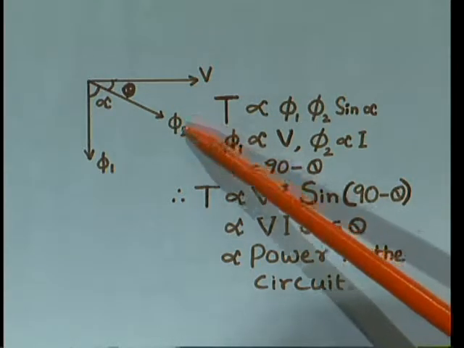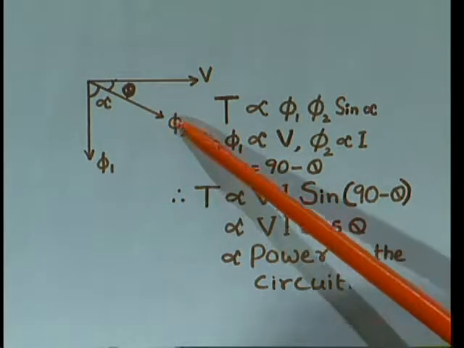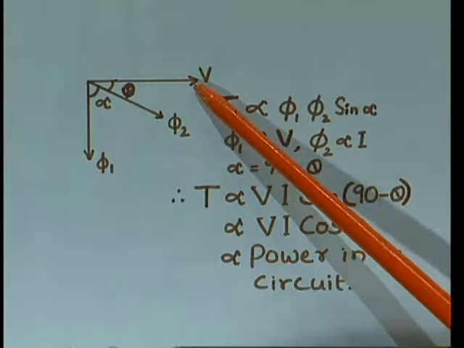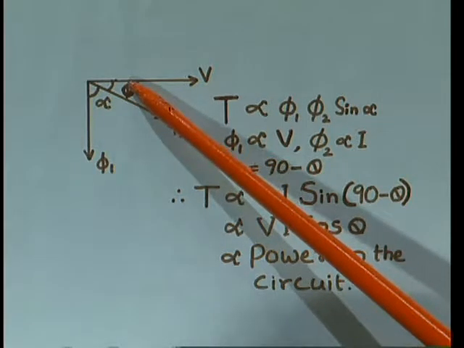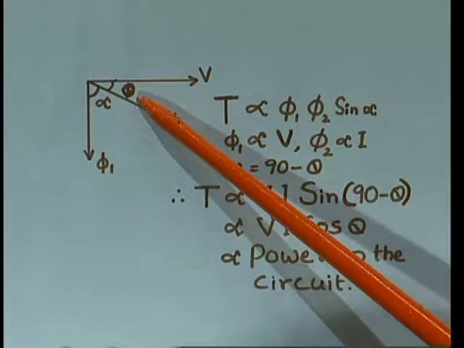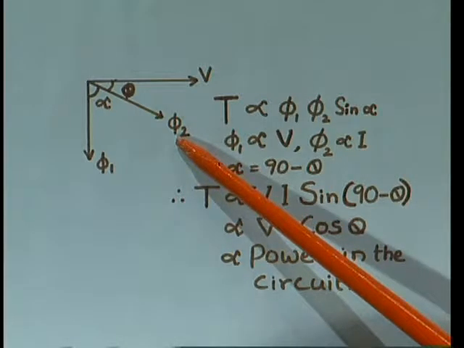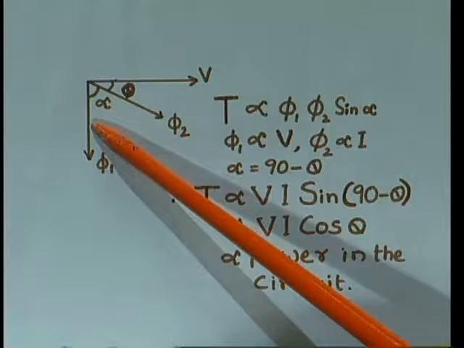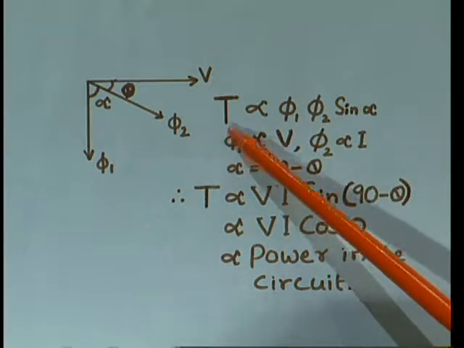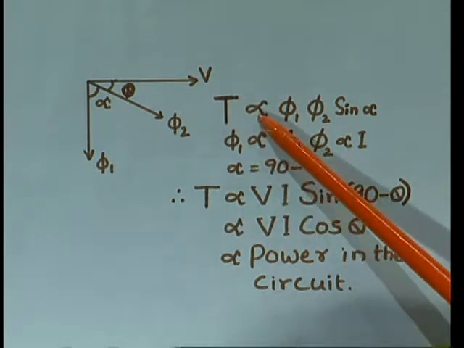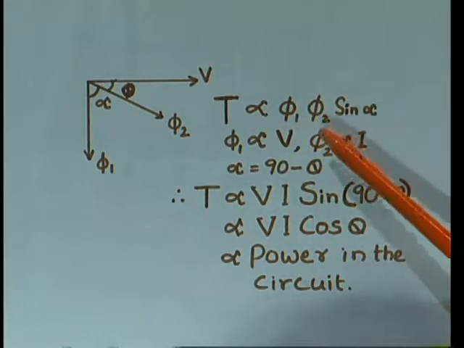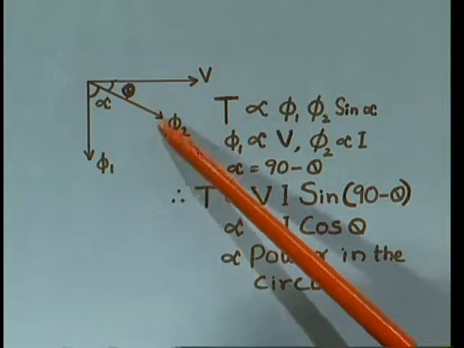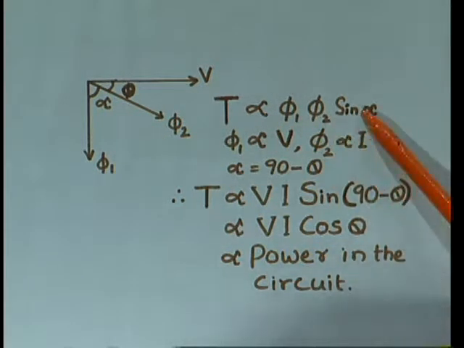So the current vector is also in the same direction, right? And this flux phi 2 is lagging behind the applied voltage by some angle called theta. This theta is known as the power factor angle, and the angle between phi 1 and phi 2 is given as alpha. In that way the operating torque T is proportional to phi 1, phi 2, and the sine of the angle between them, sine alpha.